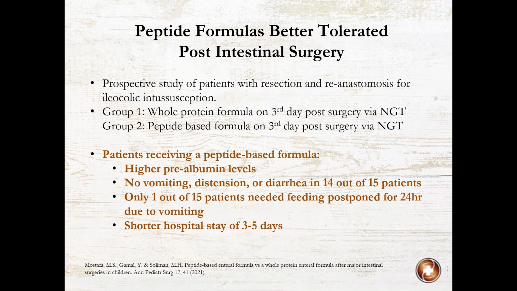Only 1 out of 15 patients needed feeding postponed for 24 hours due to vomiting, versus group 1, 10 out of the 15 showed intolerance and needed feeding postponed for at least 24 hours. And we saw shorter hospital stays of 3 to 5 days compared to the whole protein formula group, which was 5 to 7 days.